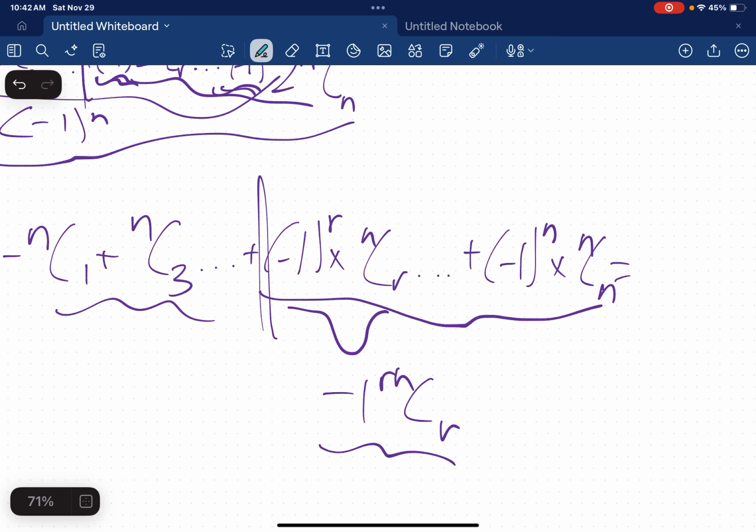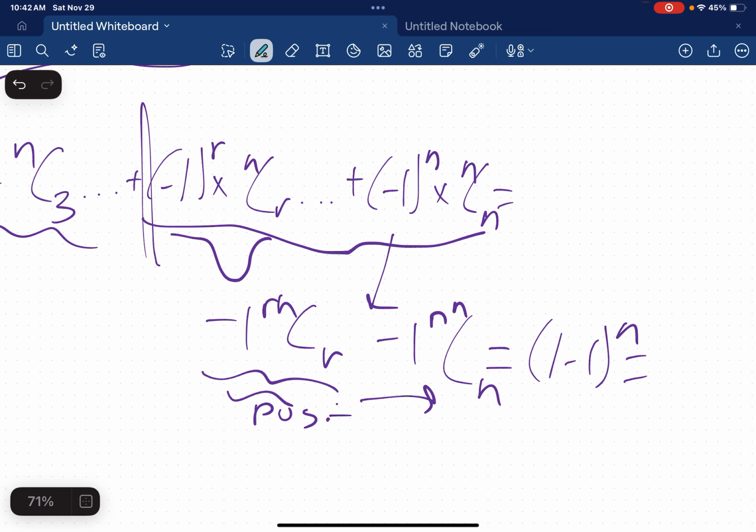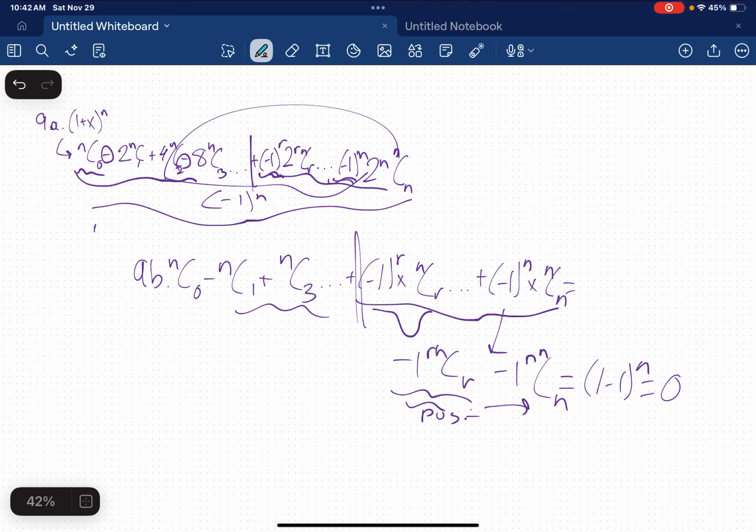This can either be equal to a positive or a negative number, but if this is equal to a positive number, then this side also has to equal a positive number, and the same positive number minus the same other number is just going to end up equaling 0. So our answer is 1 minus 1 to the n, which is equal to 0. And that is it for today's video. I hope you all enjoyed.